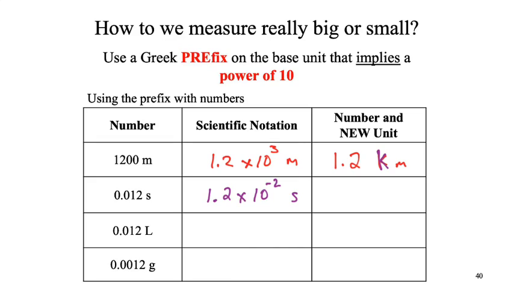What is 10 to the -2? That meant centi. So that measurement is now 1.2 centiseconds. How many of you have heard of centiseconds? It doesn't mean it doesn't exist. It's there.